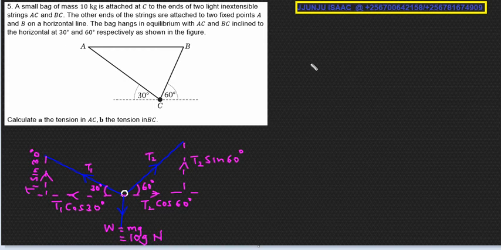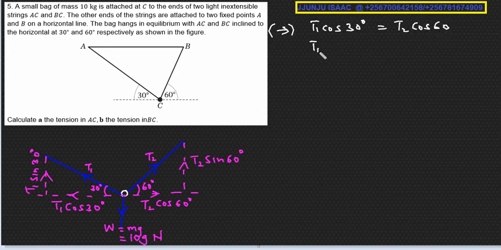So horizontally we have T2 cos 60 and T1 cos 30. So they are opposing each other and the particle is at equilibrium, so they are equal. The two forces are equal. So the tension components will balance each other. So you have T1 cos 30 degrees equal to T2 cos 60 degrees.